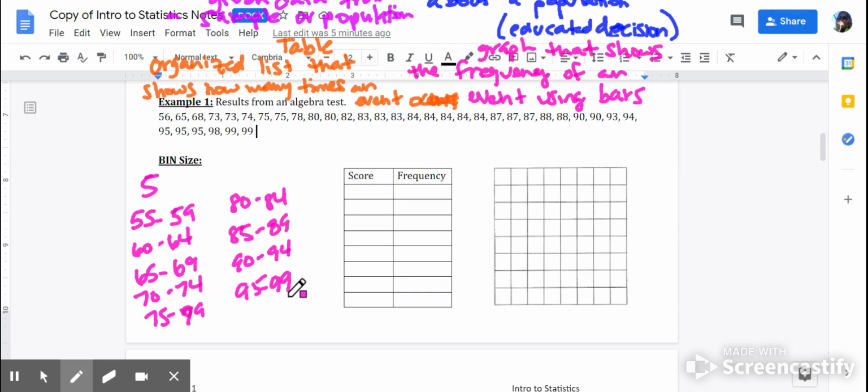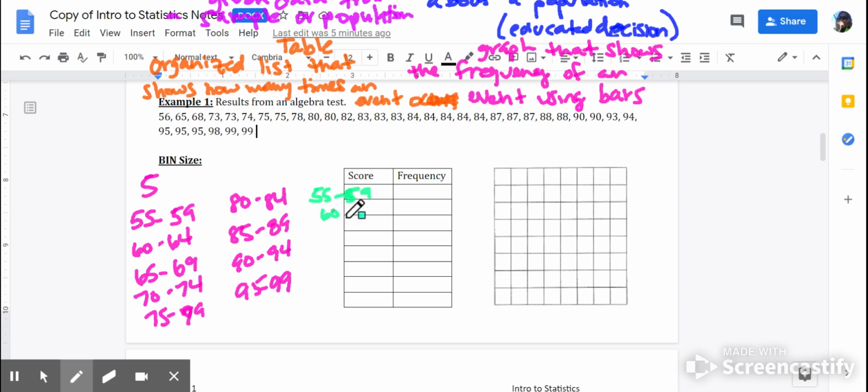You might be saying, well, that's only 4 numbers, but think about it. We have 55, 56, 57, 58, 59. There's really 5 numbers between those two barriers there. So as I go through the list, I'm going to put the bin sizes that I've created over here. So 55 to 59.